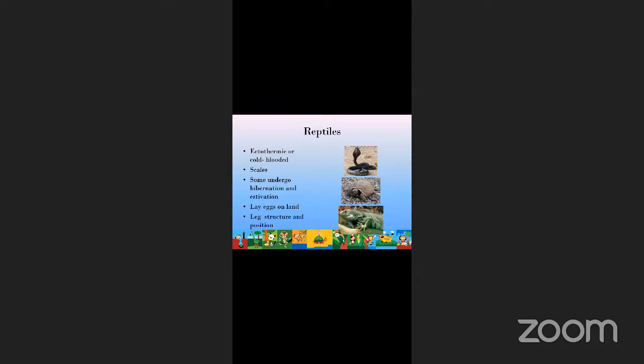Then some undergo hibernation. As I told you, they become inactive. And some lay eggs on land. These turtles and tortoises will travel to the land and lay their eggs on the seashores, and they go back into the sea. They come back after a certain time and take their small young ones along with them.